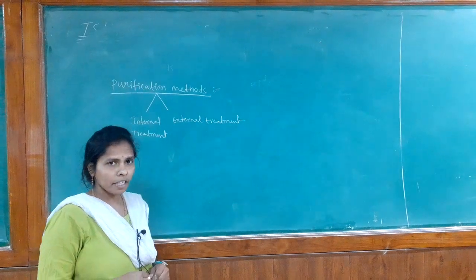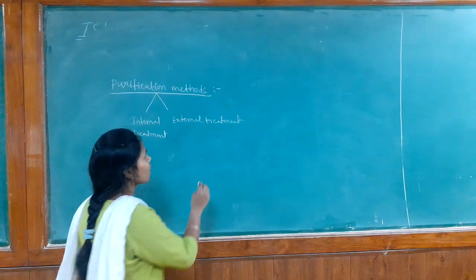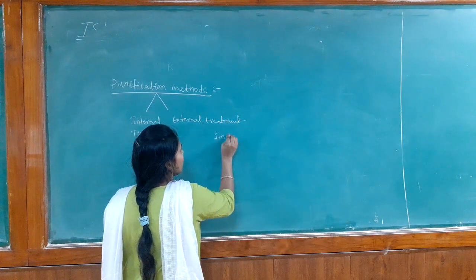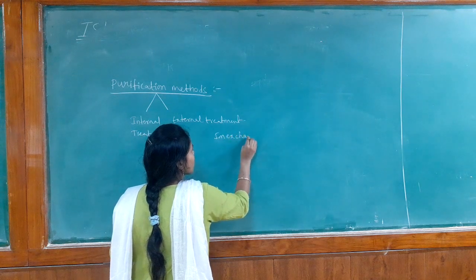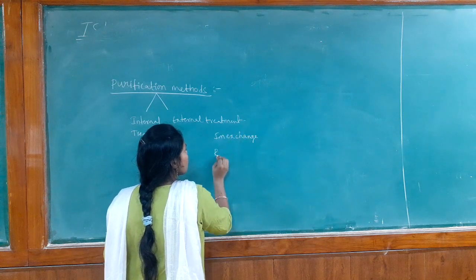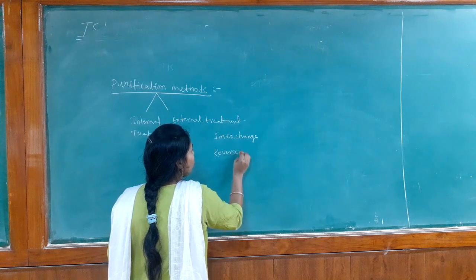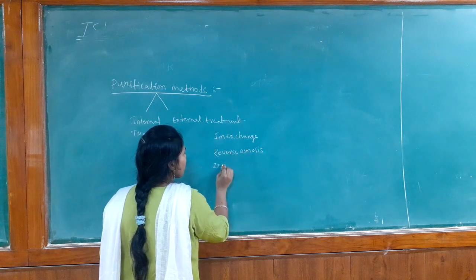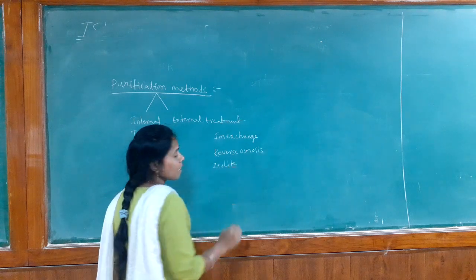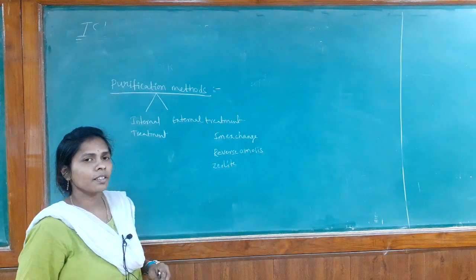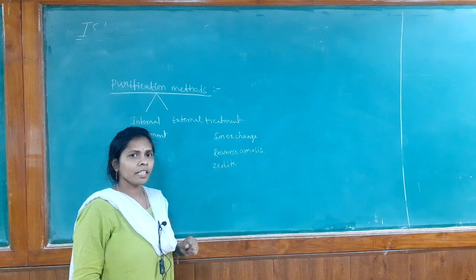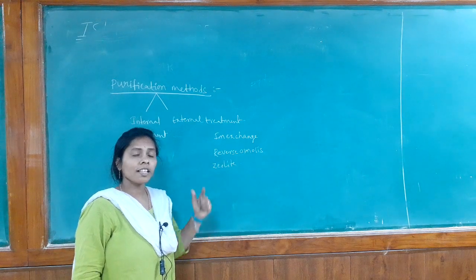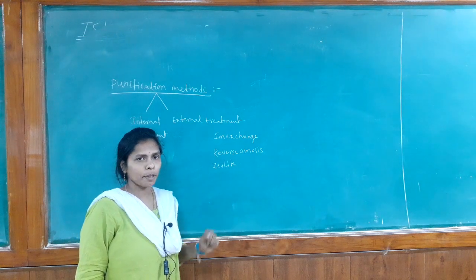Already we have seen some external treatments. Those are the ion exchange method and the reverse osmosis process. These two are external treatments. Along with this we have one more external treatment, that is the zeolite process. I have given the examples of the chemical methods: the ion exchange method, reverse osmosis process, lime soda process and the zeolite process.